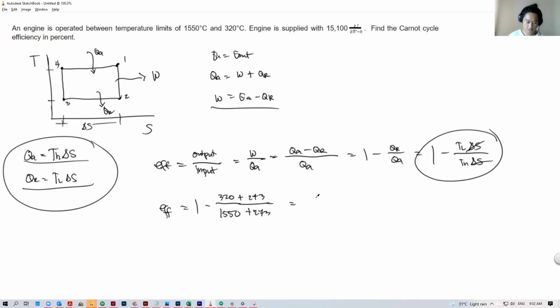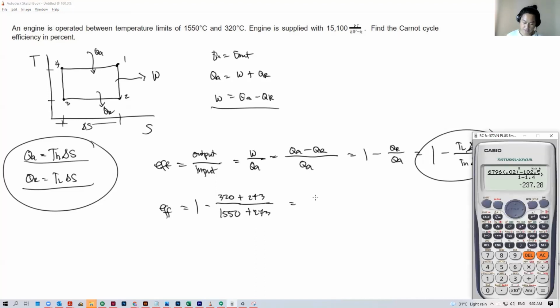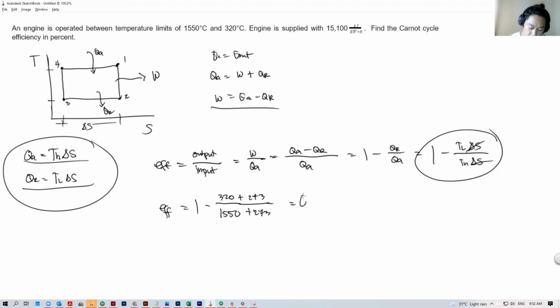On the calculator, we input 1 minus the fraction 320 plus 273 all over 1550 plus 273, and of course we multiply this by 100%. So this is 67.47%.